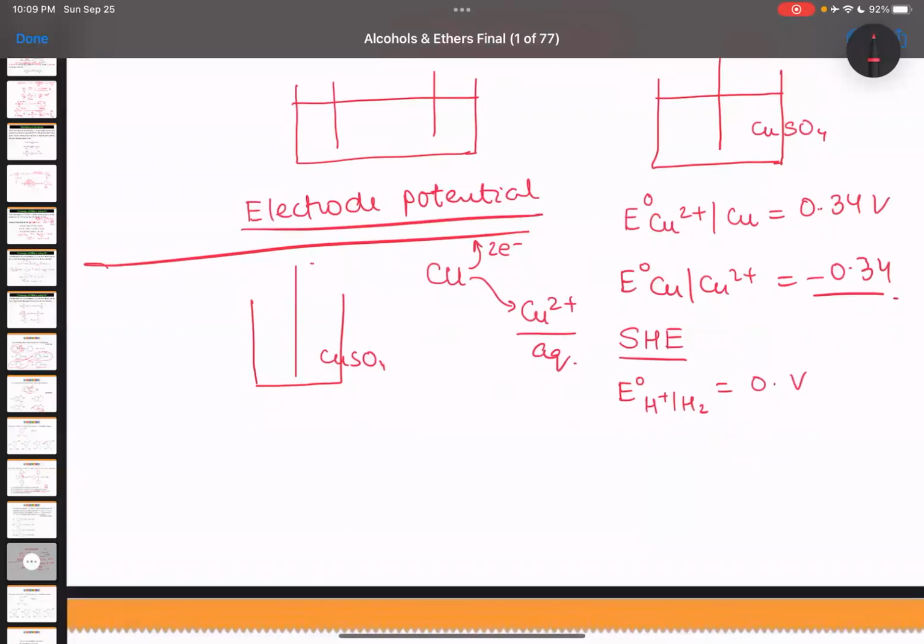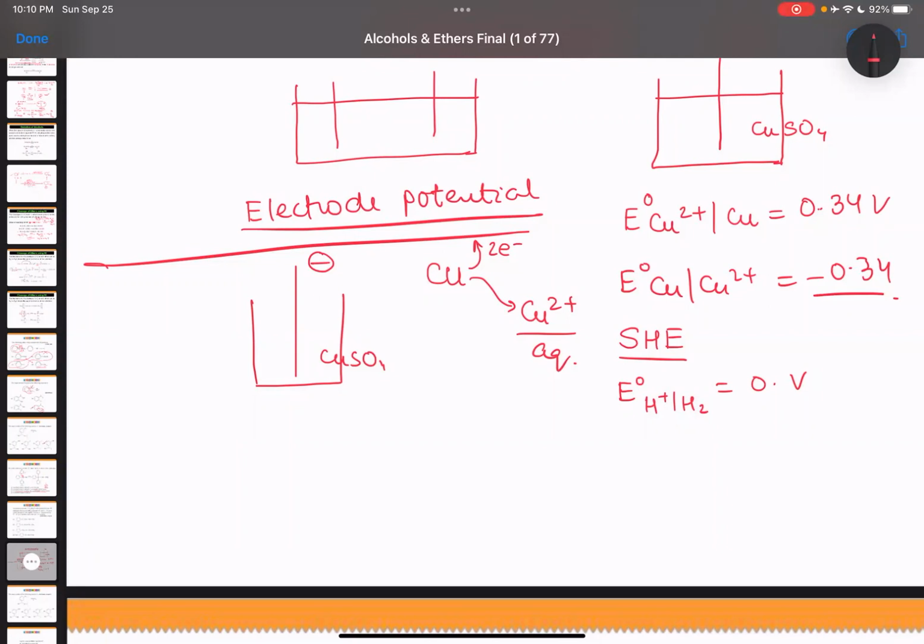Under that, the rod is going to acquire a negative charge, and it has more tendency to lose electrons if this happens.